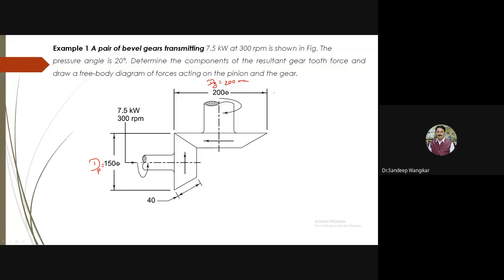Pressure angle alpha is 20 degrees. The face width B is given, B is equal to 40. So let us write down what is given and we will proceed.